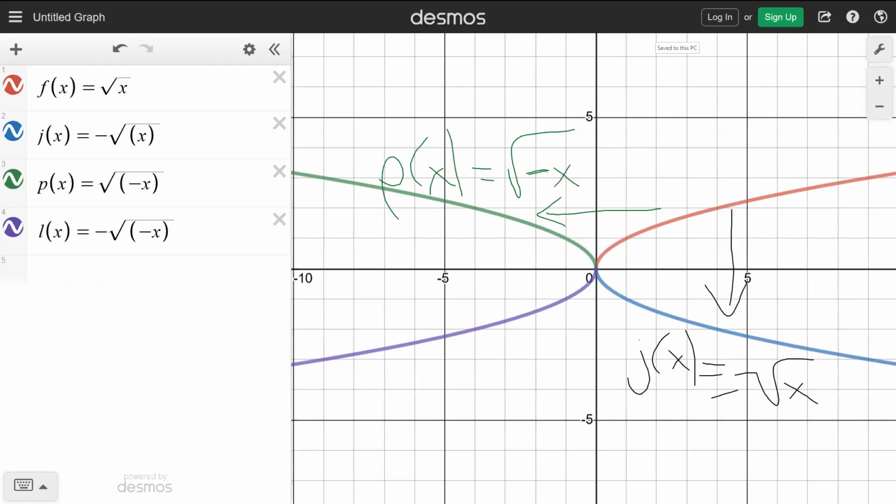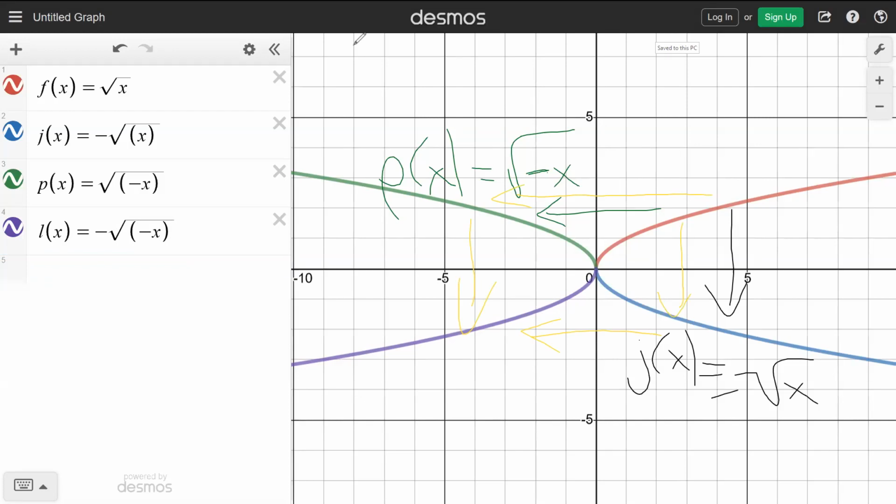And can you kind of see, based on what we did in the previous two functions, how it got there? Well, it looks like perhaps we did a reflection or a flip across the vertical axis, and then flipped again across the horizontal axis to get there. Or we flipped across the horizontal axis and then the vertical axis. And hopefully you notice that would give us the same function there.